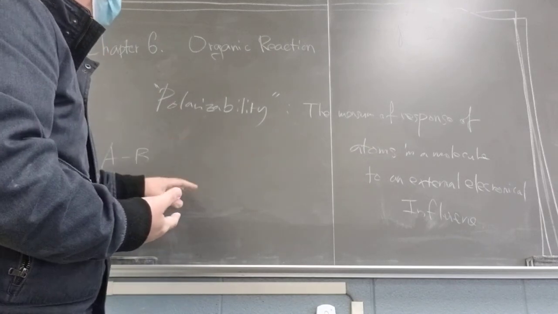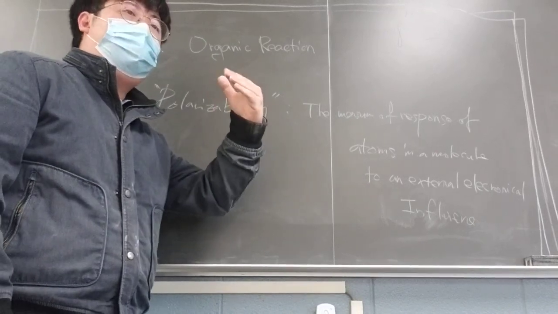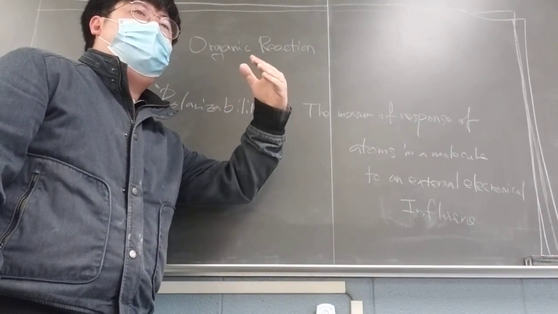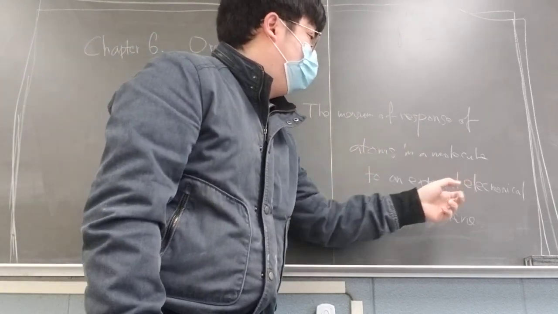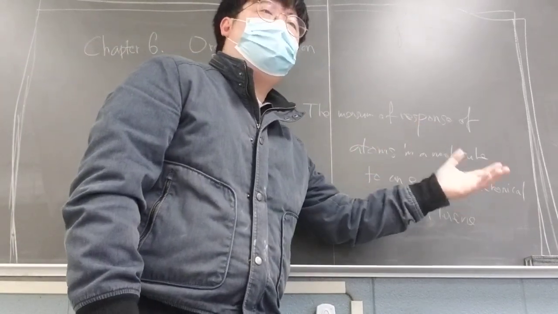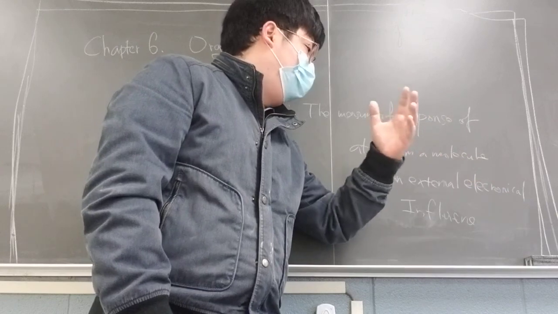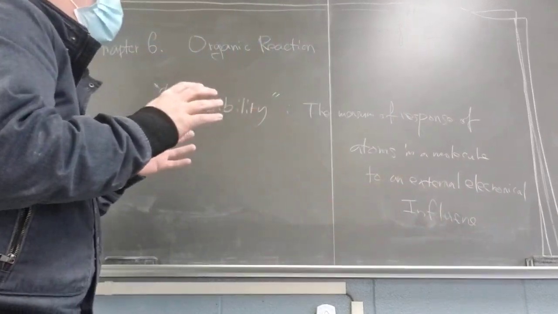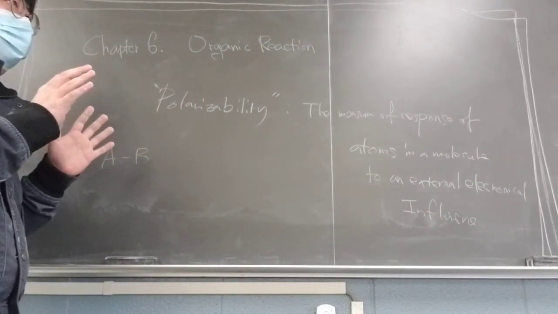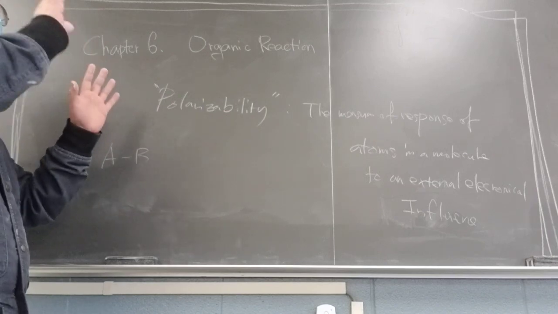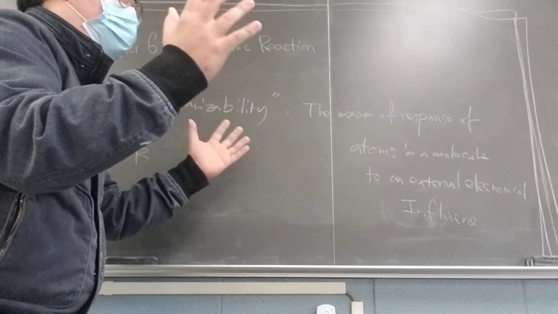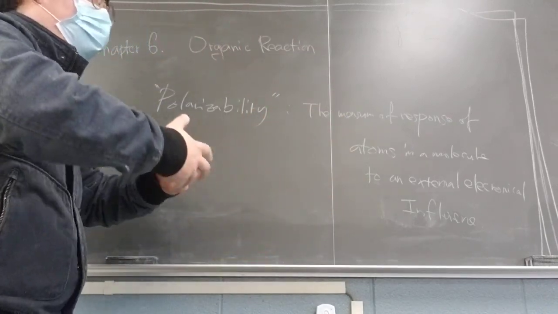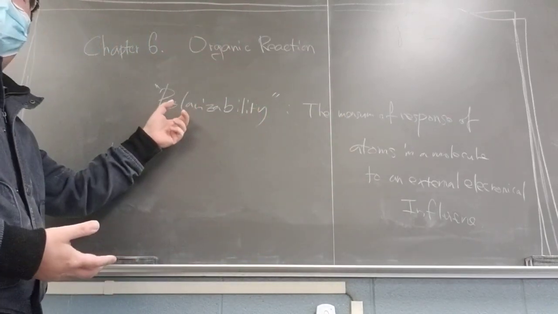Polarizability is them being polarized by something, that is, an external electronic field or interactions or influence. So if there is any external environment that makes the compounds more polar, that is polarizability.